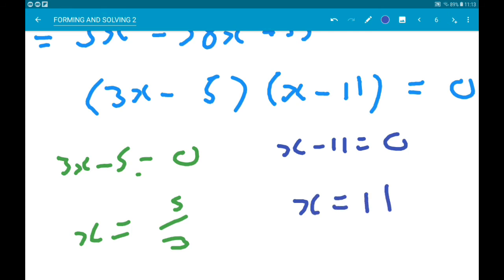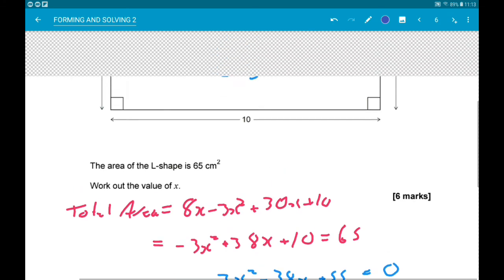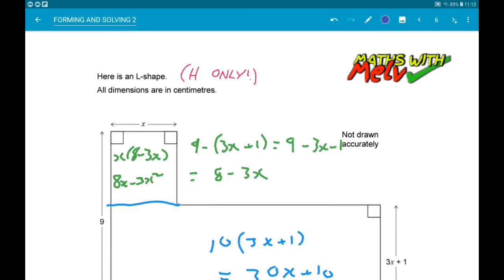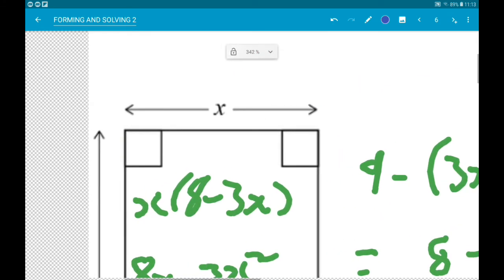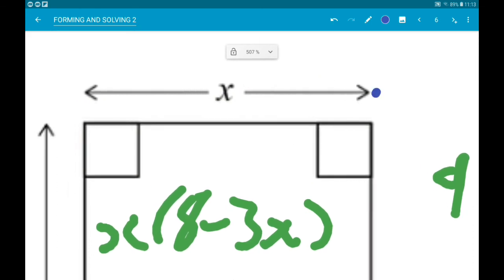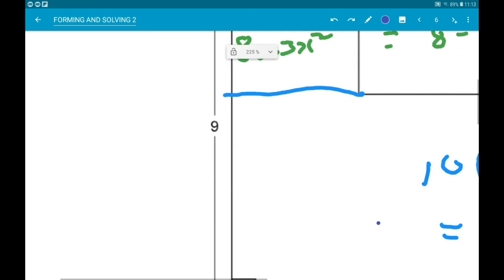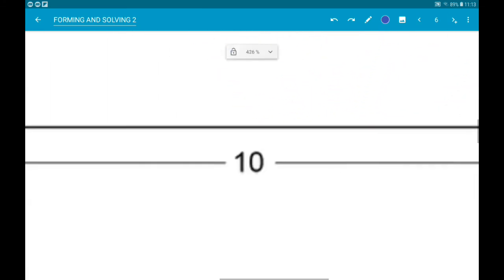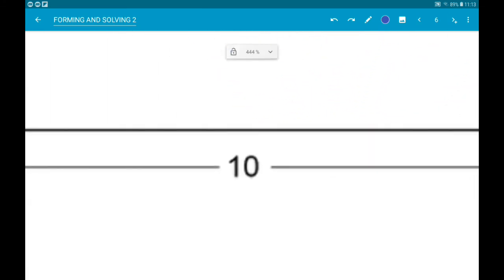Now, what we need to do here is check whether these both make sense. So the one that worries me the most is x equals 11. Back to the drawing. Now remember, this length up here is x. The length of the whole thing is only 10.